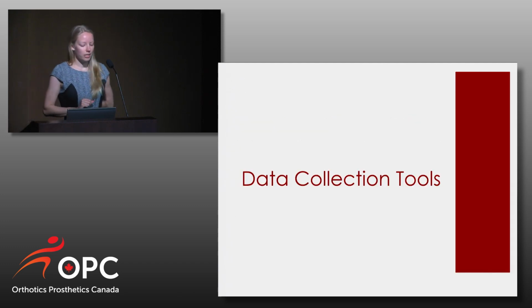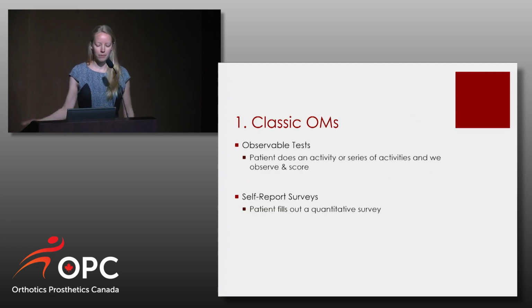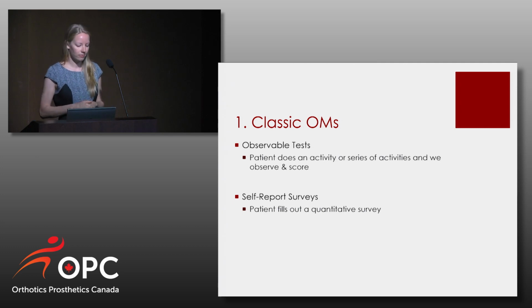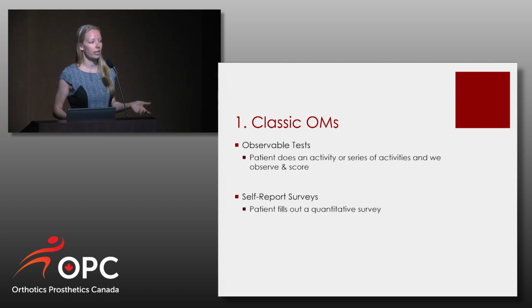So what's available to us? Well, we have the classic outcome measures. We have observable tests, so the patient does a test and you score it. We watch them do it, and we fill out a standardized scoring form based on it. You also have self-report surveys, where the patient fills out a survey, or maybe you ask them the questions and they give you the responses and you write it down for them.